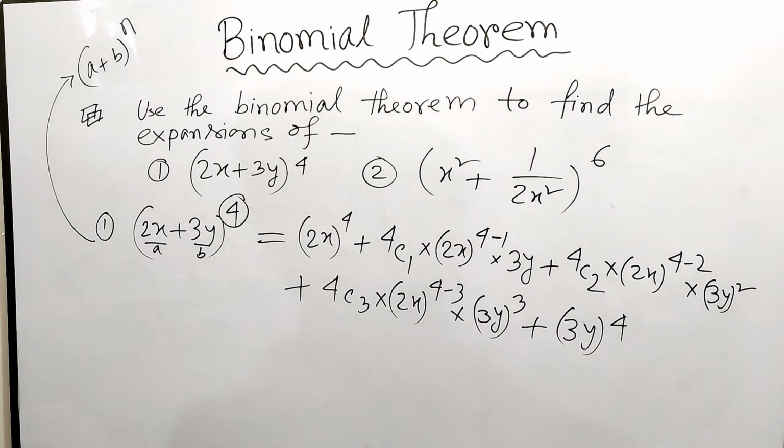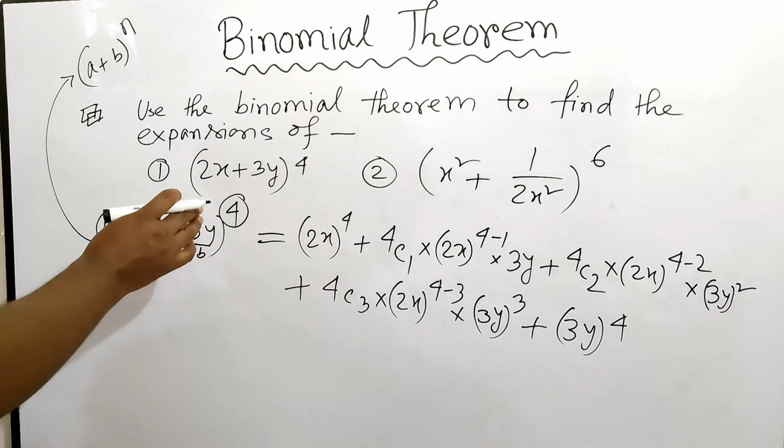So this is the main formula for the binomial expansion up to power 4.